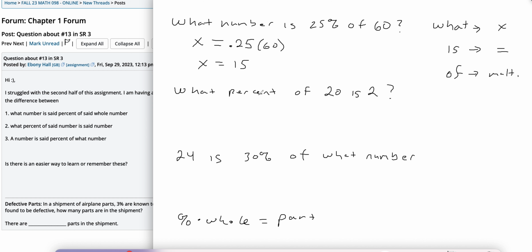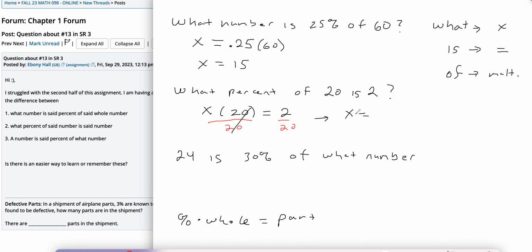This next one, what percent, so what x of, that's our multiplication again, 20, is our equals, and then 2. So then to solve that, since this 20 is multiplying the x, I would have to divide both sides. And now that would cancel out, and I'll just sneak over here with it.